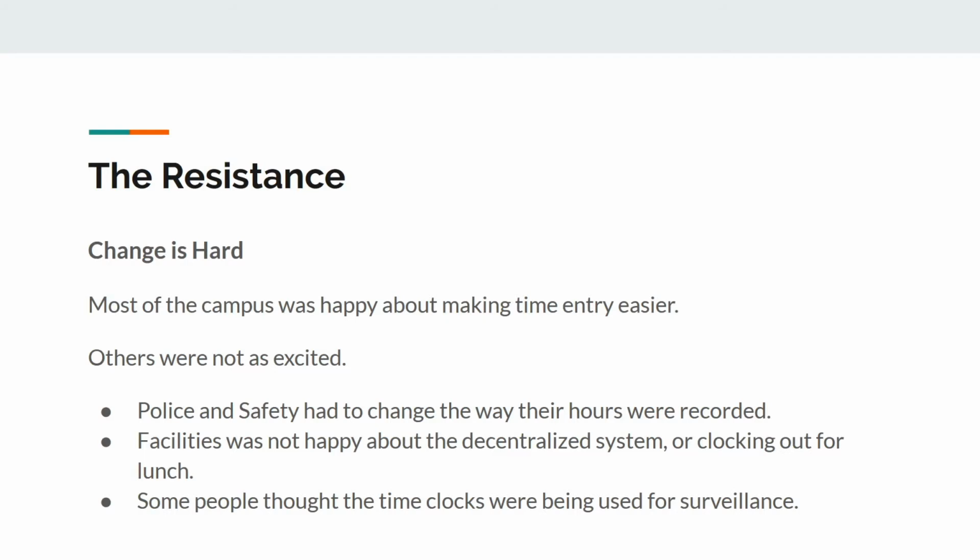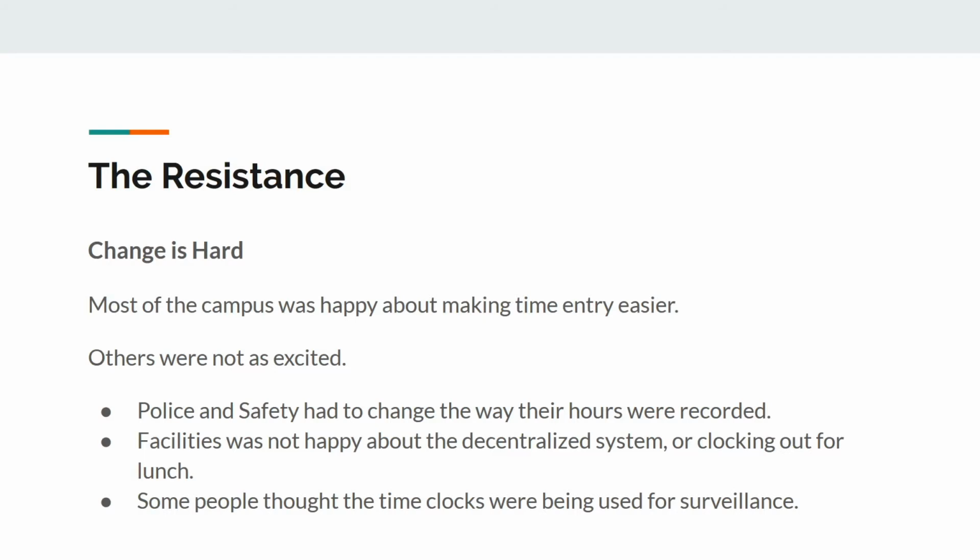Police and safety was one, and the reason they weren't happy about it is because of their overnight shifts. Their overnight shifts actually started at 11 p.m. and ended at 7 a.m. the next day. Let's say somebody clocked in at 11 p.m. on Wednesday and clocked out at 7 a.m. on Thursday, then that entire 8-hour shift would be put on Thursday rather than 1 hour Wednesday, 7 hours Thursday.